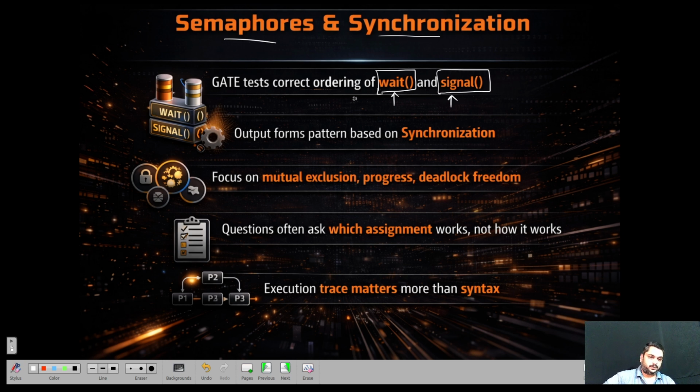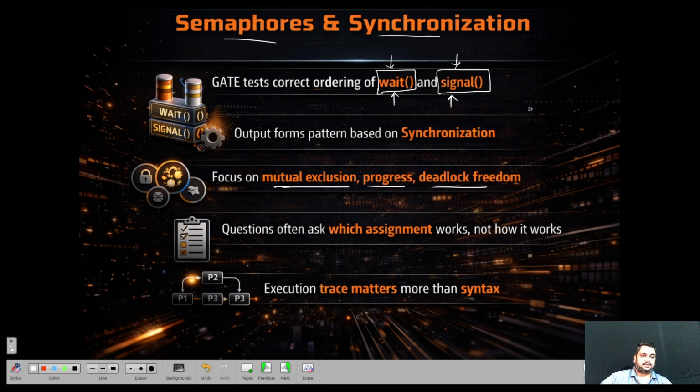Refer to the previous GATE solutions and understand how wait and signal work. Most likely they will ask the output which forms a particular pattern, or they may give a pattern and ask in which order to put the wait or signal operations in the process. They may also check whether mutual exclusion is guaranteed, progress is guaranteed, or it is deadlock free, and all those things.